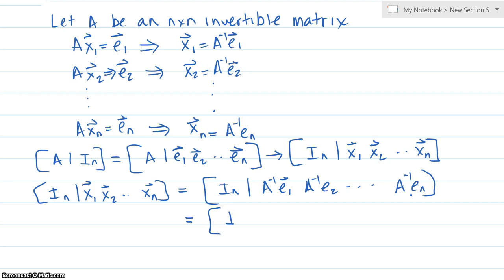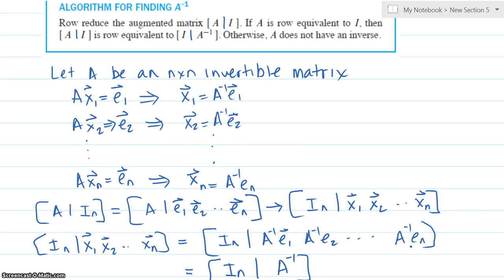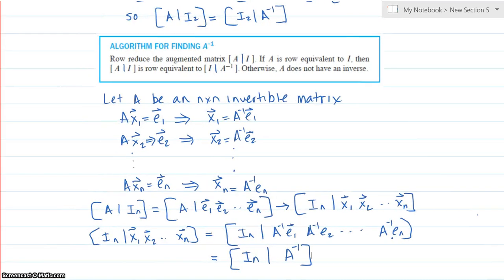And we know, therefore, this is the first column of the inverse, second column, and so forth. So the whole thing together is the inverse. And that proves that theorem.